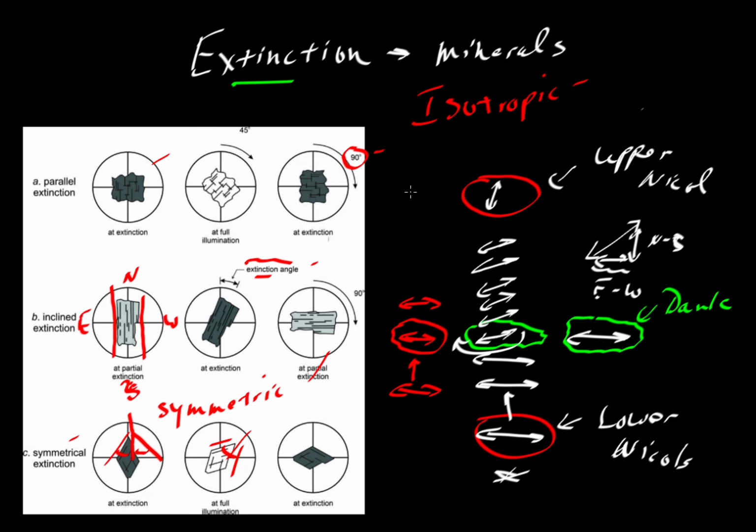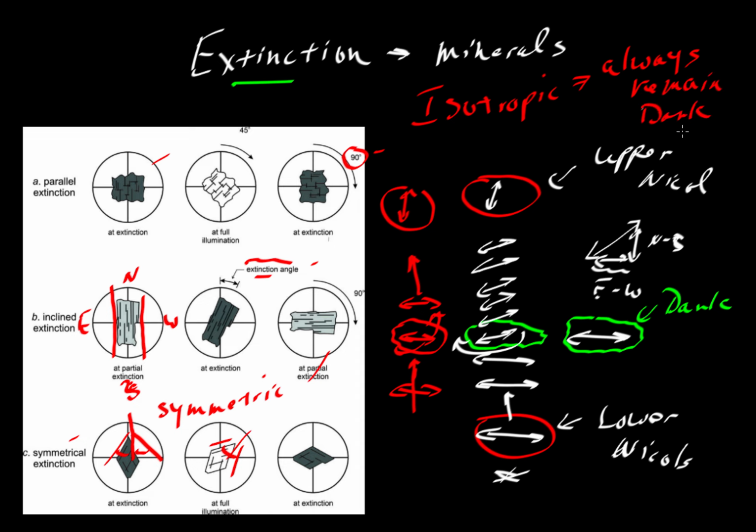And so when it hits the upper polarizer, all that light will be blocked. You can rotate the mineral to any amount that you like; it doesn't matter what orientation the mineral is. East-west coming in will be east-west coming out, and so the upper nickel will always block all of the light. So isotropic minerals always remain dark under crossed nickels.